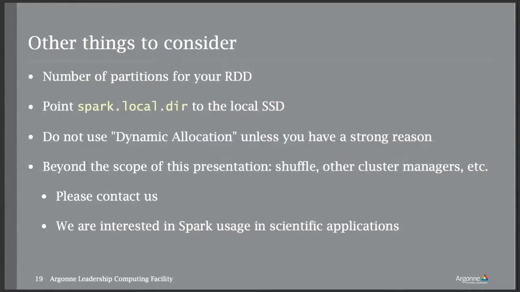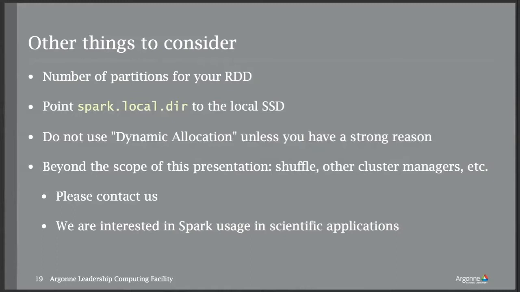Okay, there are, of course, other things to consider. One is the number of partitions for your RDD, which depends on your workload, of course. And there's SSD, so you might want to point your Spark local directory there.